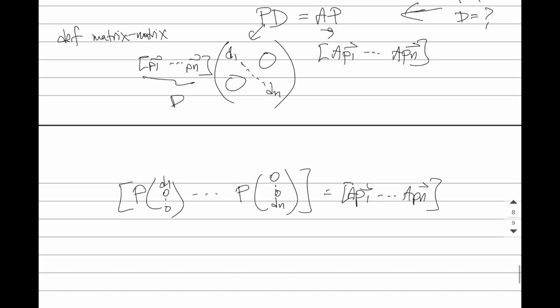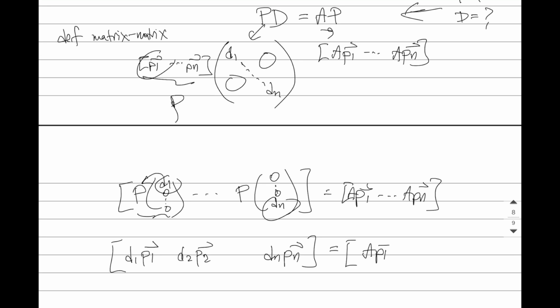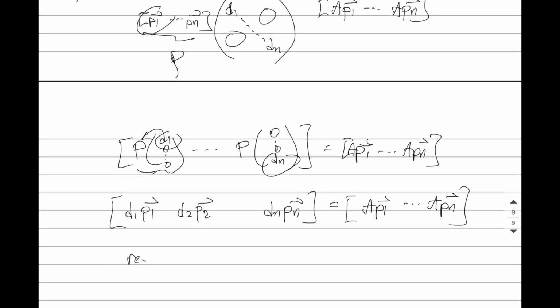If I were to take a look at this particular product, this just says pick out the first column of this matrix here. The first column of this matrix here is just P1, so I'll get D1 P1. The second entry will be D2 P2, and this last entry will just pick out the last column. If I want to be similar to a diagonal matrix, what this is going to require is that the first entry of this matrix has to be the first entry of this matrix. AP1 has to be D1 P1.